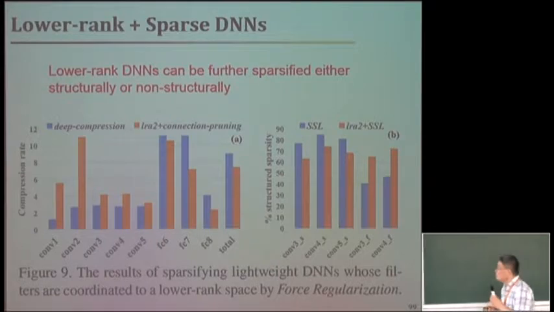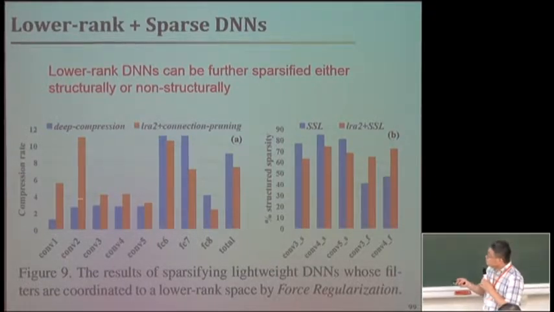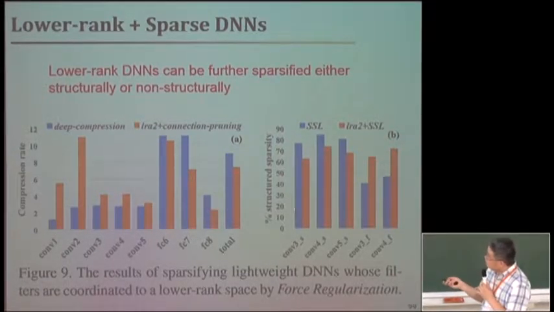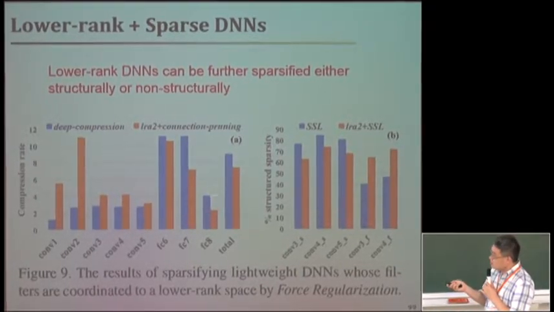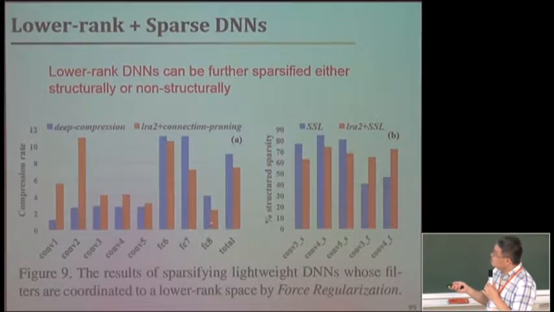Okay, and there this compression rate may in some cases be improved, maybe reduced, depends on the convolutional layers or fully connected layers. But structure, this is very similar thing.